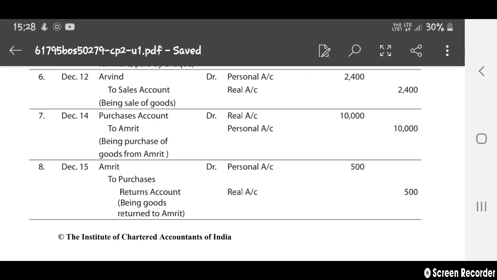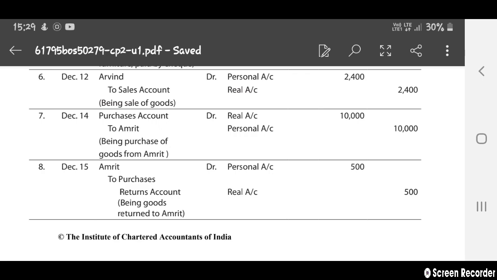So debited from Arvind's account to sales account, he is sending that money so that he may have that saving out for his growth of business. So he is debiting 2400 and crediting to his sales account rupees 2400. So this is our sixth journal.